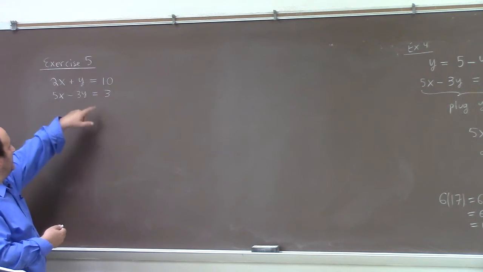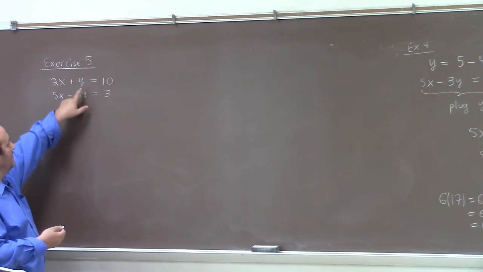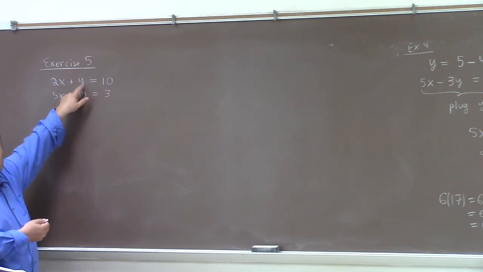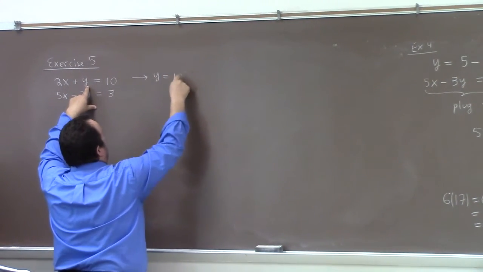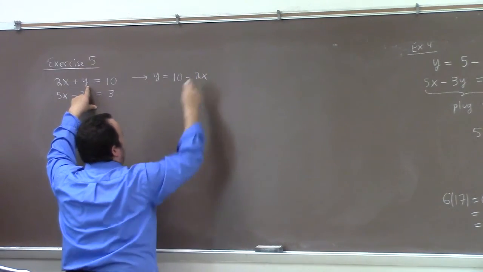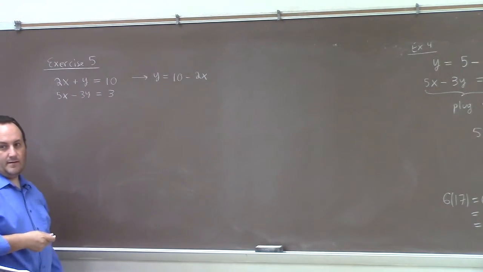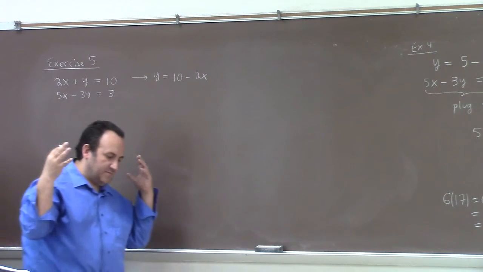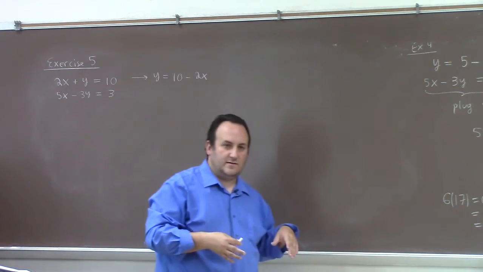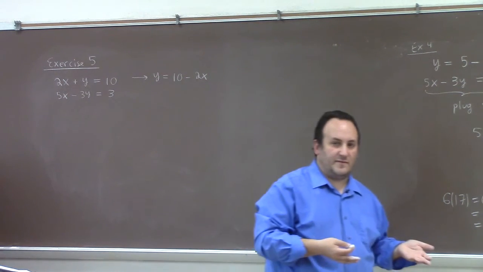I look at this, 2, 5, 3, no thank you. Y, I like that. So solve for y. That would be my starting point. Y equals 10 minus 2x. Here's another bit of advice: if none of the variables have coefficients of 1 or minus 1, probably you should be trying the other method on that one.